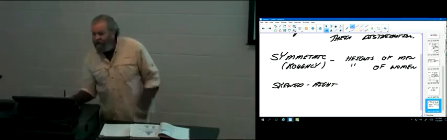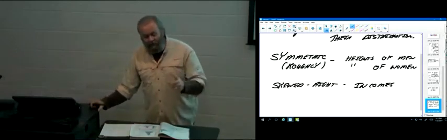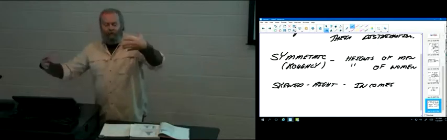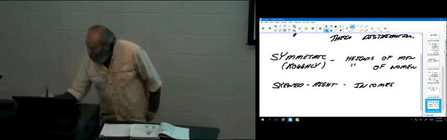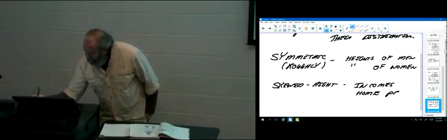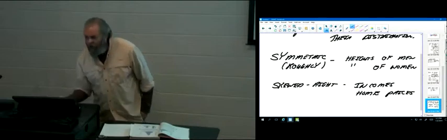We have a lot for this one, too. Incomes. Household incomes, baseball players' incomes, football players' incomes, home prices. Right? Incomes. Any kind of incomes of the same group you want to talk about? Yes. Home prices. I would expect to be skewed right.